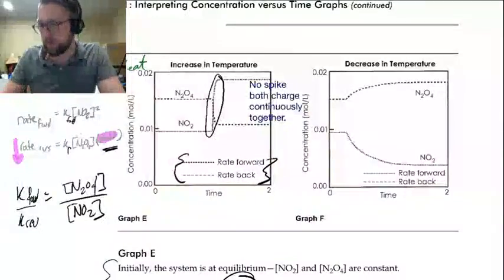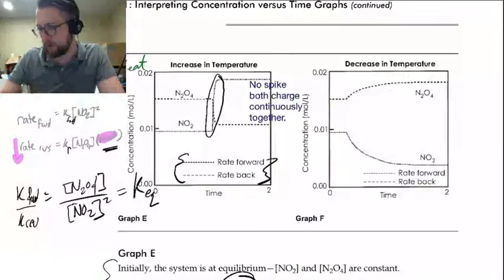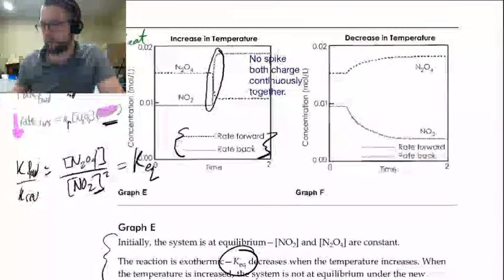And then that was all equal to our big K eq. So K eq is equal to K forward over K reverse.